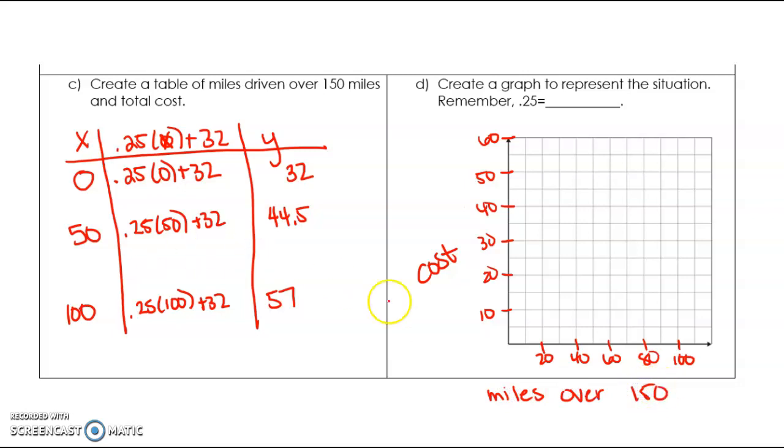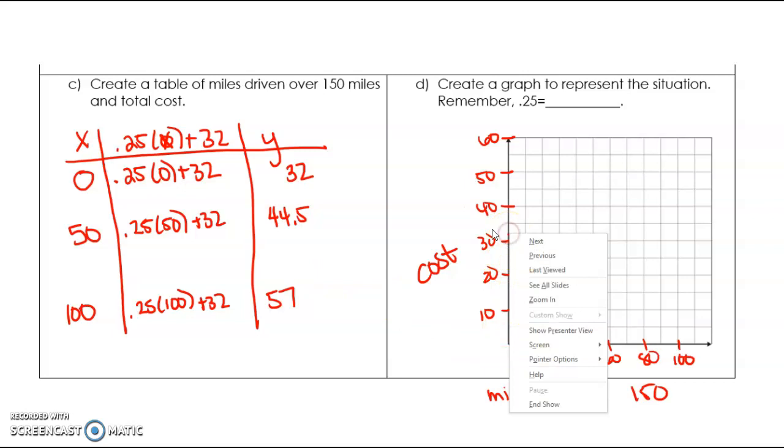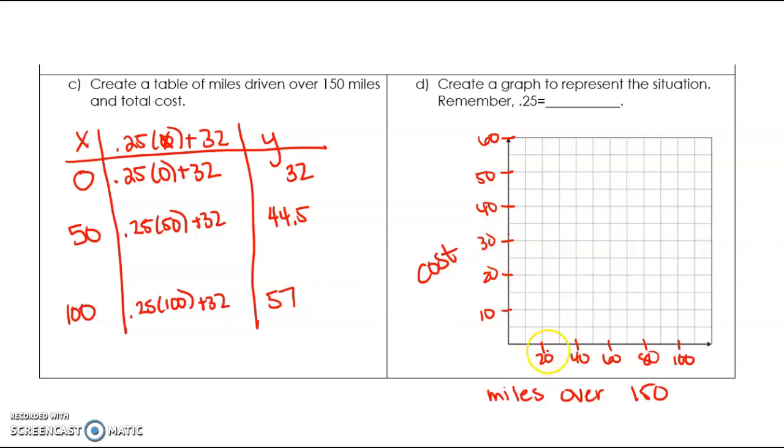And I can use this chart to graph. So if I drove 0 miles, it's going to cost me $32. To drive 50 miles, it's going to cost me $44.50. So right about here. And then 100 miles, it's going to cost me $57.